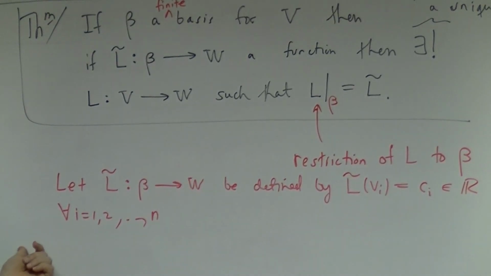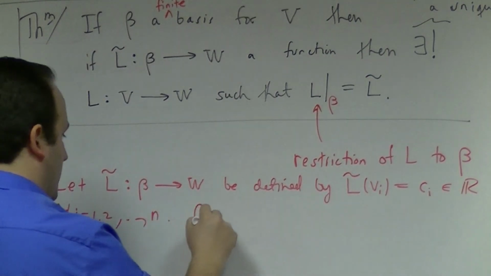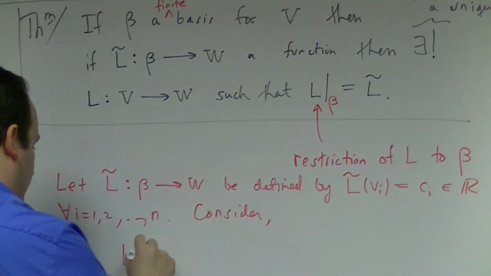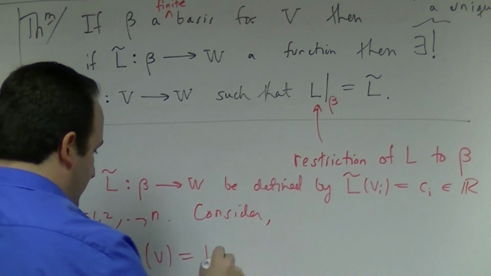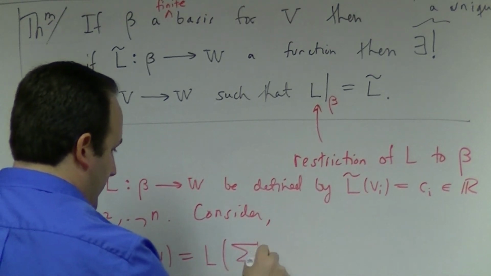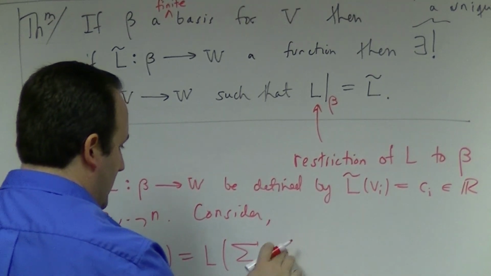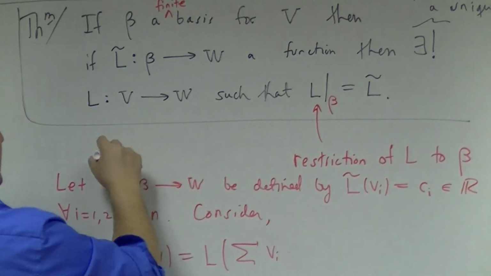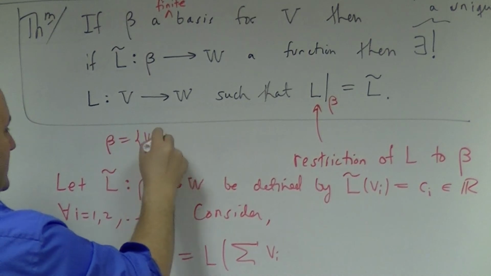Now, I claim that there exists a unique linear function on all of V. One way to show something exists uniquely is simply to write a formula for it. Here's my formula. L of x equals L of what? The sum of xi vi. The basis, I'm using v for the basis. I was letting beta equal v1 through vn, if you hadn't noticed.